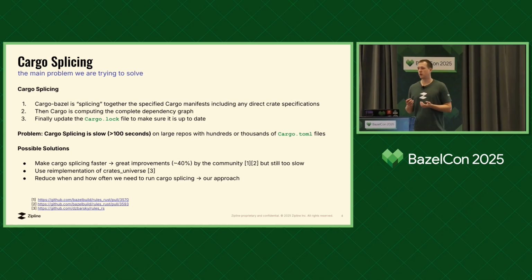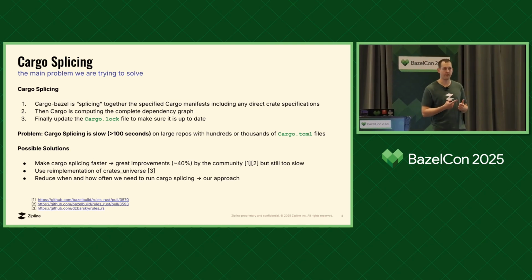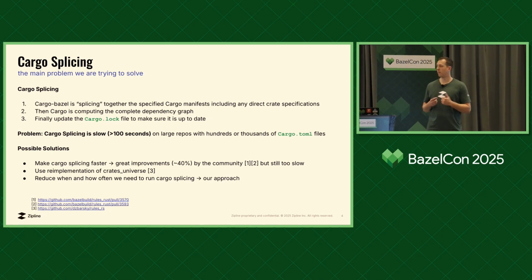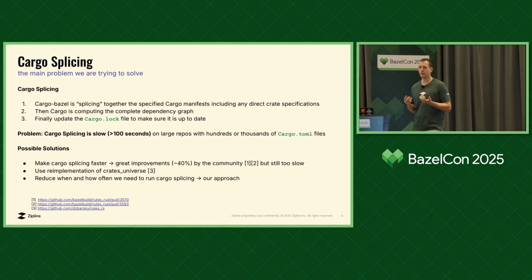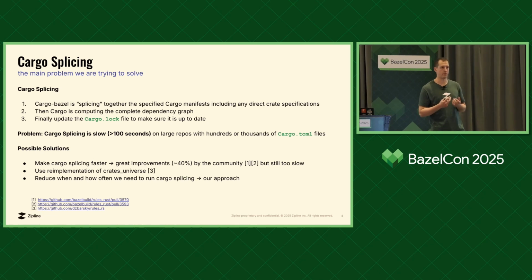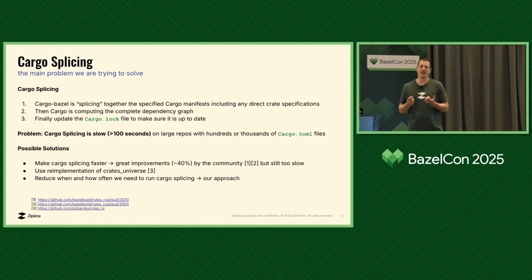Now, you have a few solutions to improve that situation. Option number one is you make cargo splicing faster. Since I started looking into this problem, that already happened. There were a few improvements by the community, and we got this around 40% faster for our code base. That's great, but still not enough.